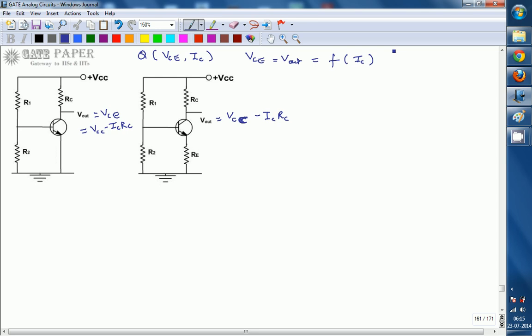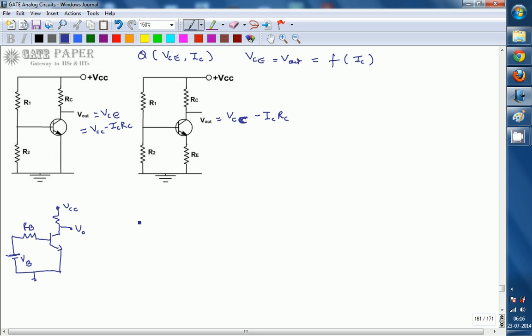Now draw the Thevenin's equivalent of these diagrams. The Thevenin's equivalent circuit for the first diagram has RB, and this is VB for example, and this is V0. We are not interested in that one, we are only interested in IC.